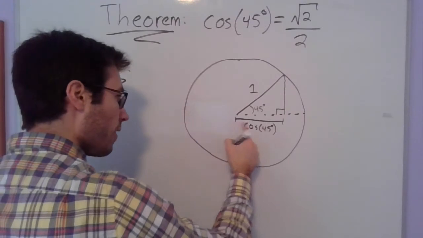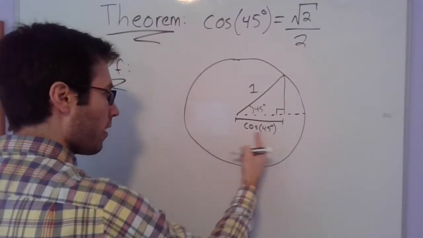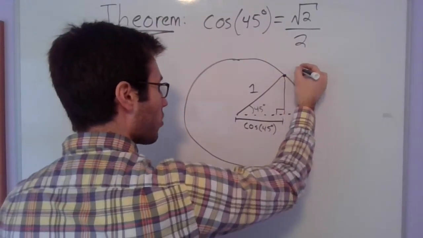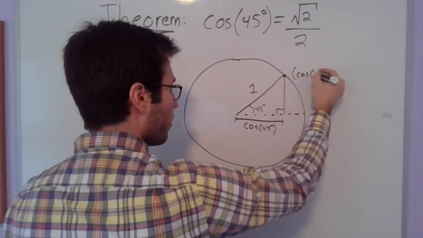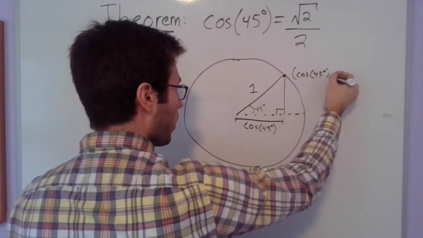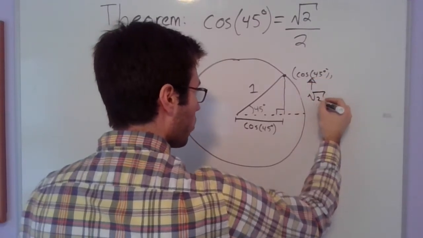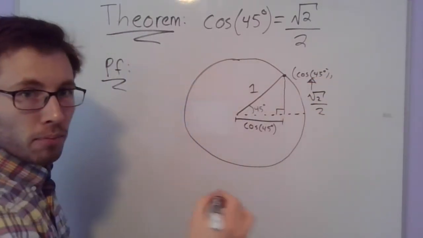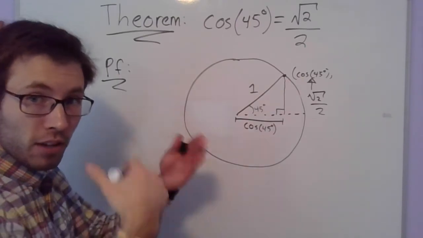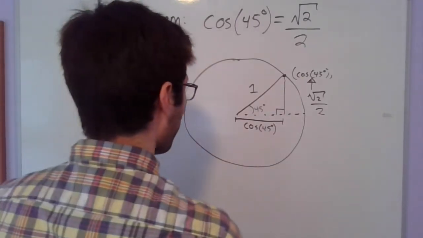That's my x-coordinate right there. If I can justify why that is going to be square root 2 over 2, then my proof will be done. So that's the picture that I'm envisioning in my head right now.